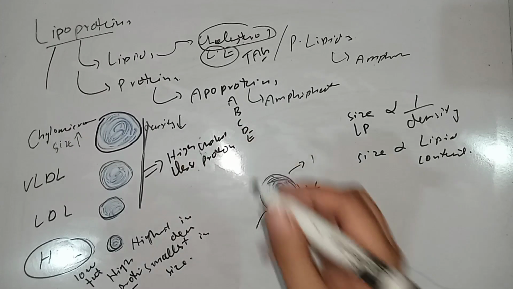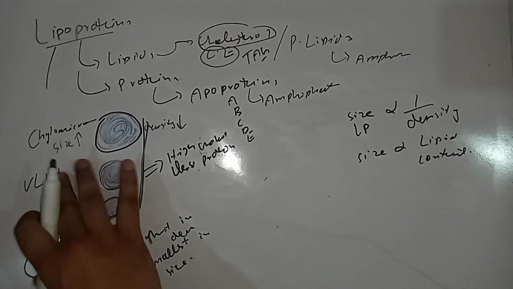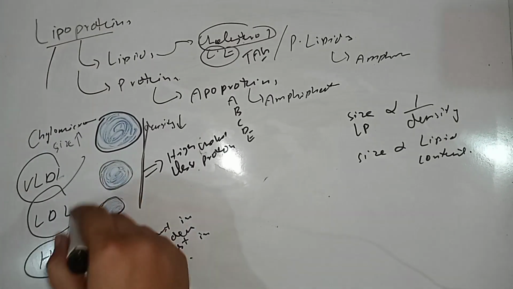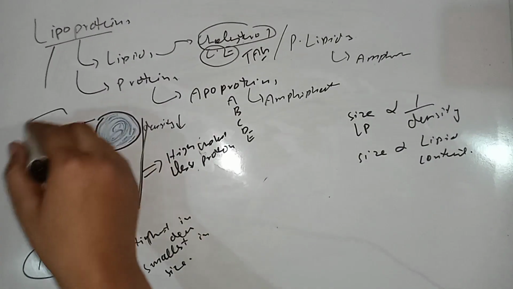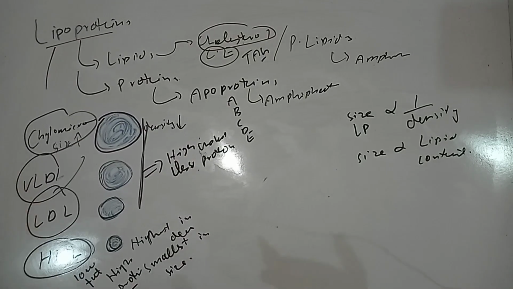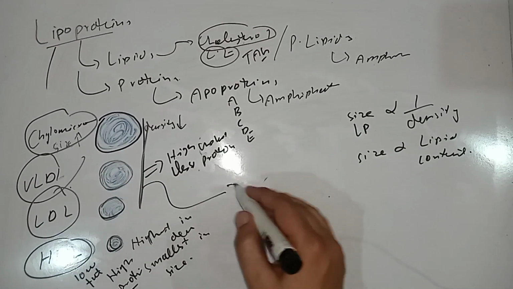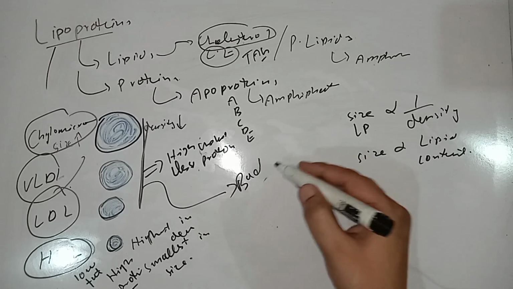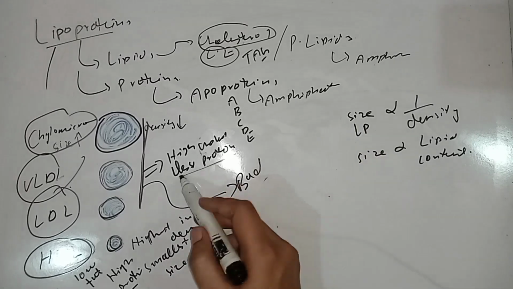A general concept I want to give you here is that low density lipoprotein and very low density lipoprotein are principally involved in transport from liver to body tissues, while chylomicron transports from intestine to liver, principally. These low density lipoprotein and very low density lipoprotein are bad indicators of health, because they have less protein and high cholesterol.